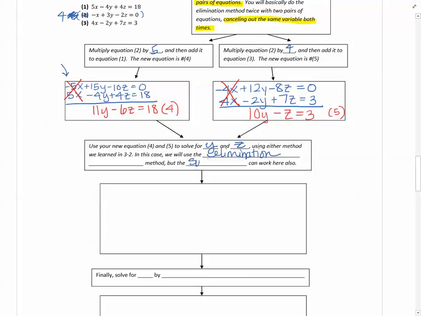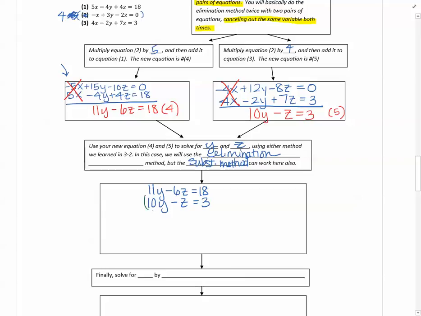But you could use the substitution method. I'm going to recopy these. 11y minus 6z is equal to 18. 10y minus z is equal to 3. So it's pretty easy to get the z's to cancel out.